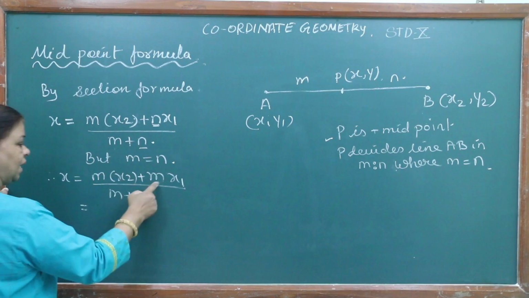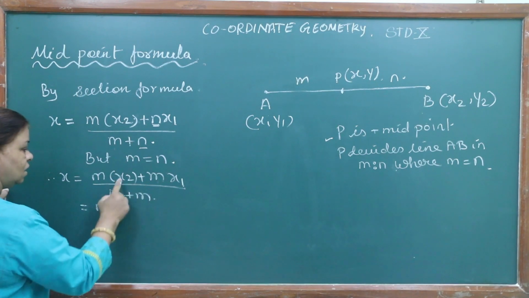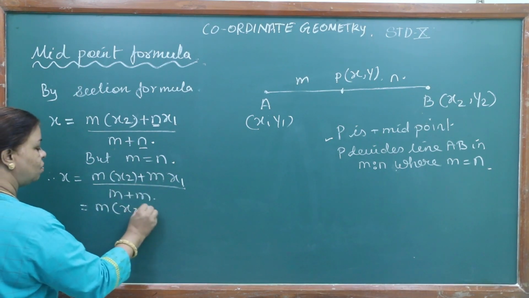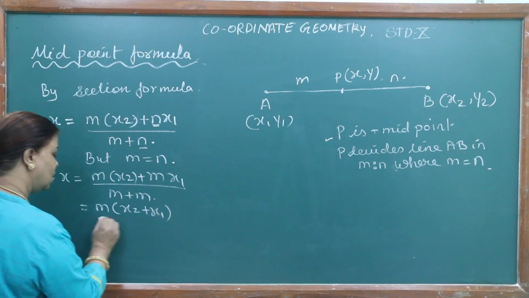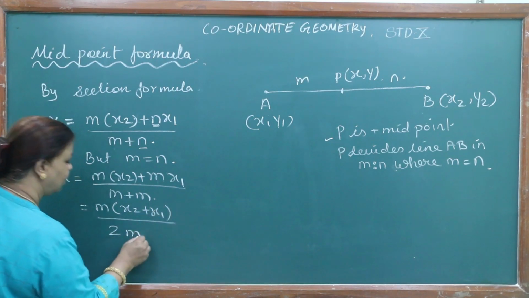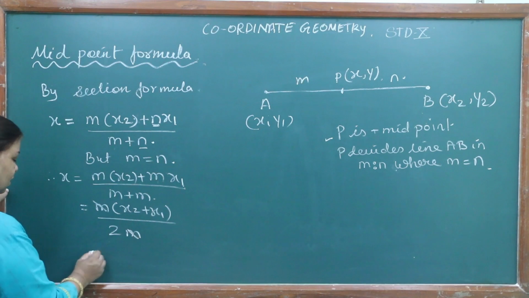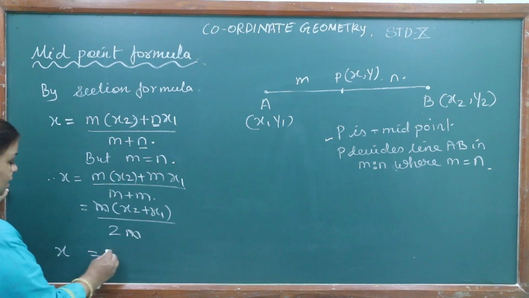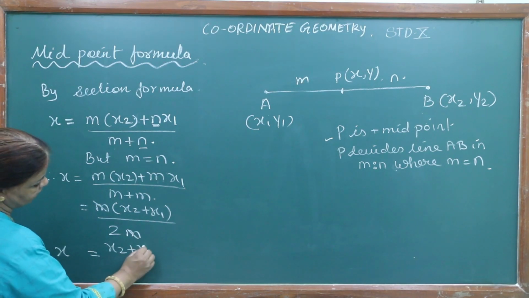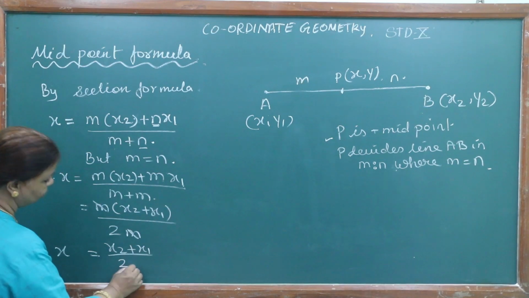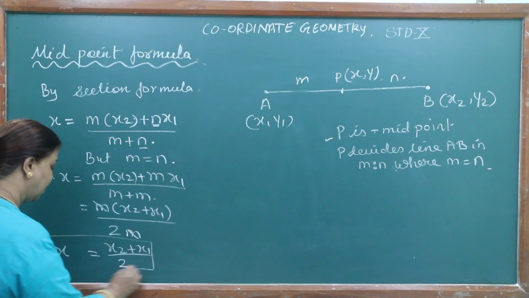So what I am getting, m common. Inside is what? x2 plus x1 upon what? 2m. Now m and m get cancelled. So what is my x coordinate? x2 plus x1 upon 2 is my x coordinate.